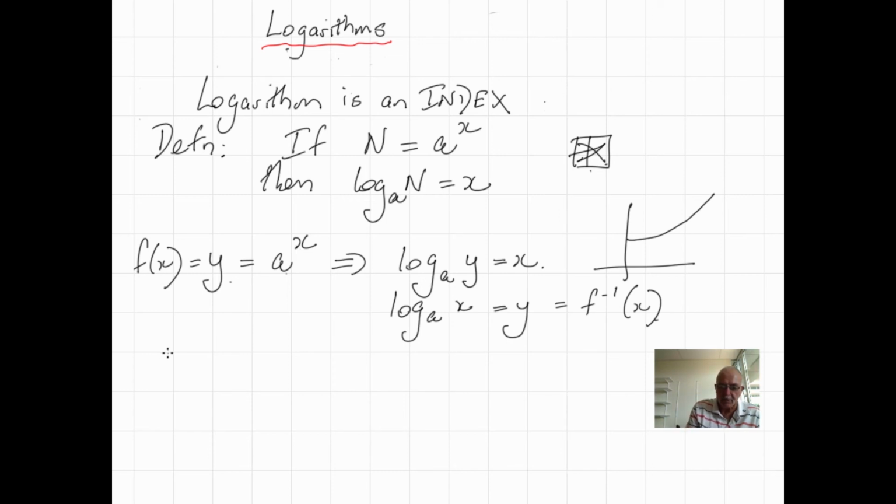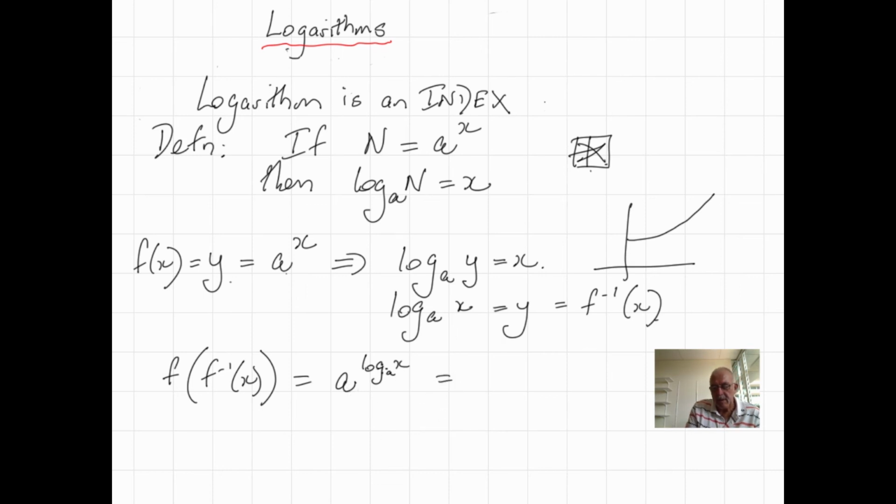Now the final step is to do the verification. So we've got f of f to the minus 1 of x, and f, the function, is a to some power. Now instead of that we will write what the inverse is, and that is log x to base a.